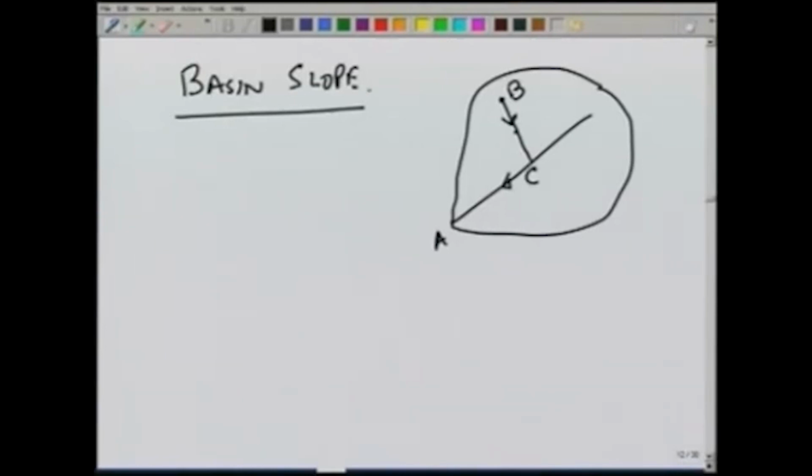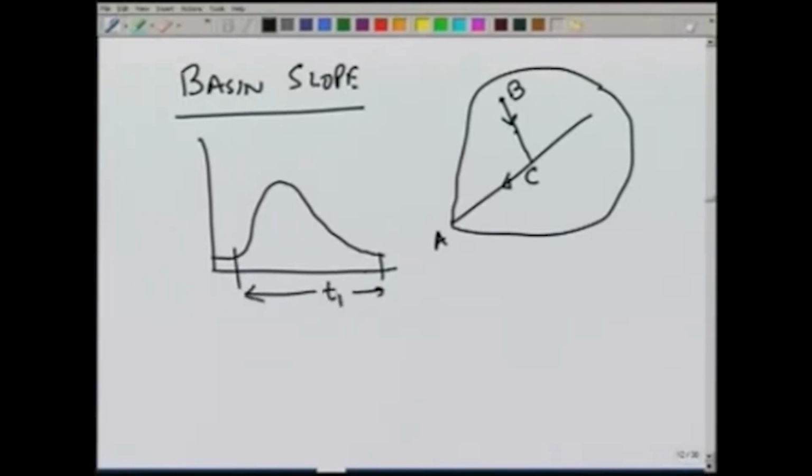Higher the slope, smaller will be the time taken in traveling from B to C. Therefore, the time base of the hydrograph will depend on the basin slope. Typically, larger slope will have a smaller TB.